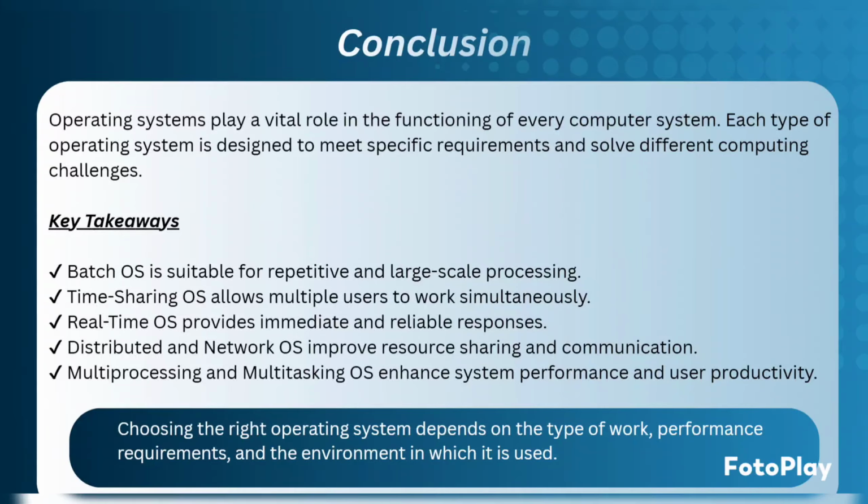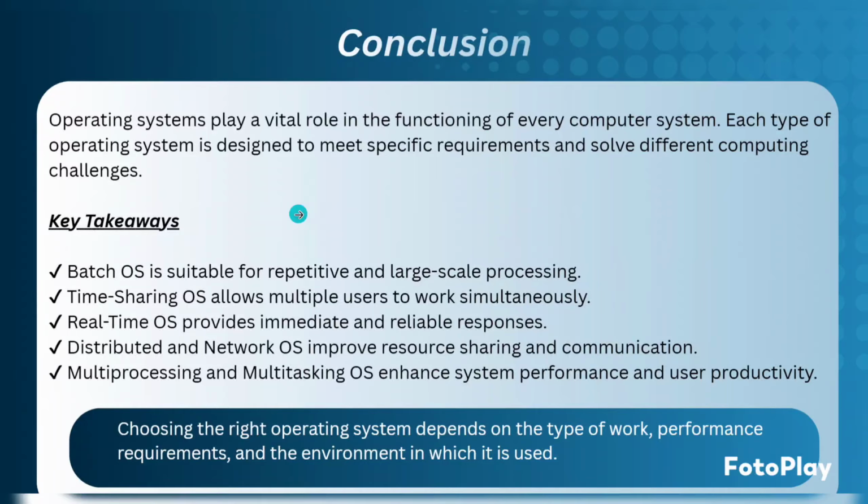Powerful applications like AI, weather forecasting, and scientific simulation often depend on multiprocessing operating systems. And finally, every time we use a laptop or smartphone, we depend on multitasking operating systems. These examples show that operating systems are not just theoretical concepts. They are an essential part of our daily life.